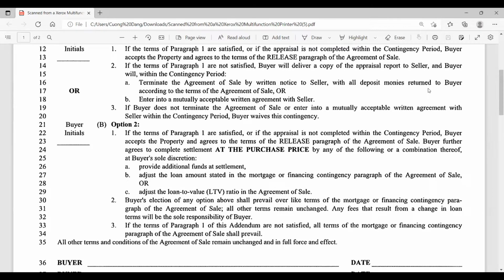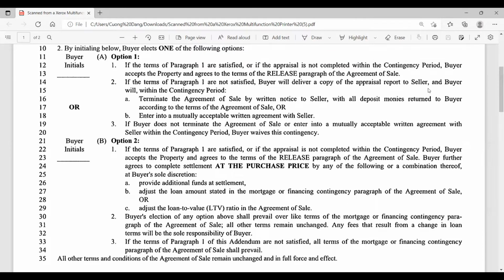Option 2, and I think where it gets confusing is the first 2 sentences, or at least the first sentence, it's a very long sentence, are the same. If the terms of paragraph 1 are satisfied, or if the appraisal is not completed within the contingency period, buyer accepts the property and agrees to the terms of the release paragraph of the agreement of sale.